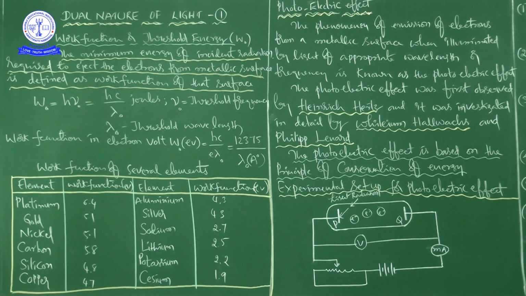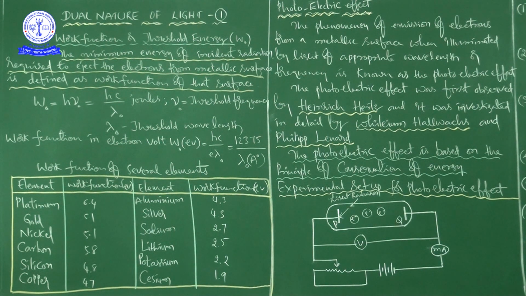When you take a metallic surface, light is going to be incident. That light or incident radiation must have a certain amount of energy. If the energy is less than that certain amount of energy, you cannot experience any photoelectric effect and no emission of electrons from the metallic surface.